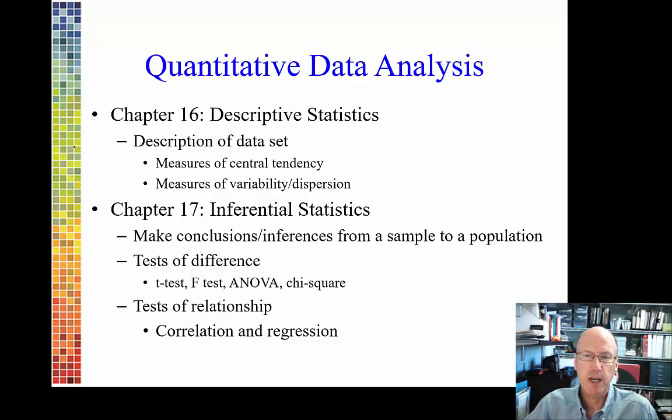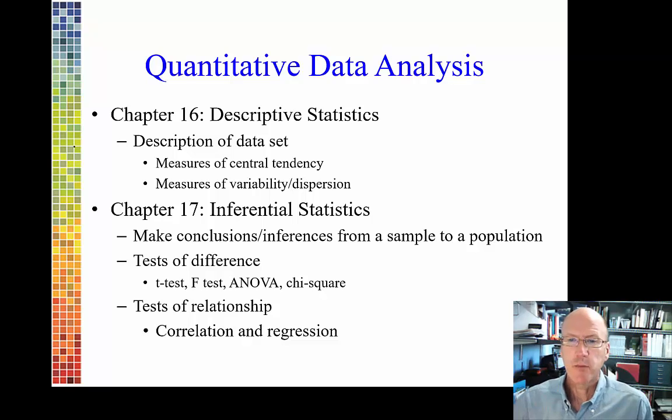And there are two different types of tests. We can do tests of difference. So here we have t-test, f-test, ANOVA, and chi-square, and you'll read about each of those and when those are appropriate to run. The other type of inferential statistic that you'll read about in Chapter 17 are tests of relationship, and these could be correlation or regression. And here what we're trying to do is, rather than say that there's a difference between our variables, we're trying to say that there's a correlation or a relationship between the variables.